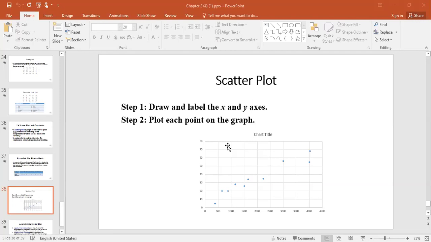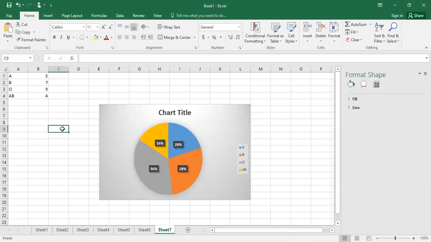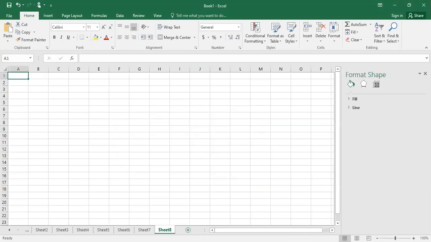I'm looking for our Excel sheet. Excel is not here. So I'm going to get into another sheet.